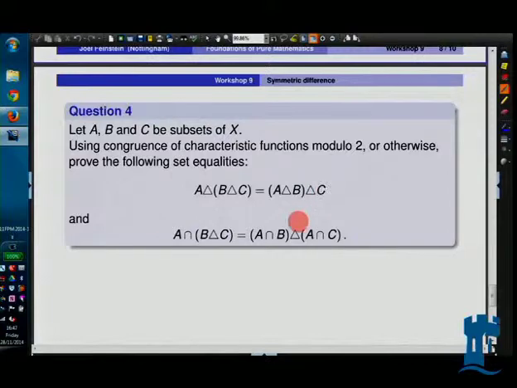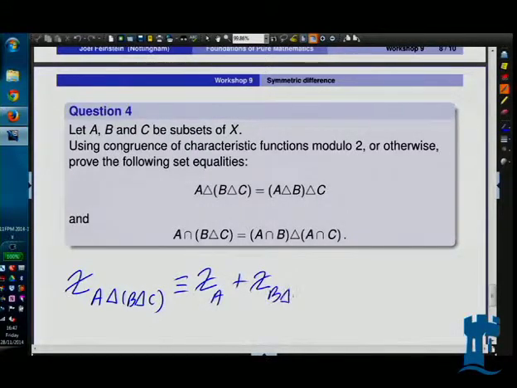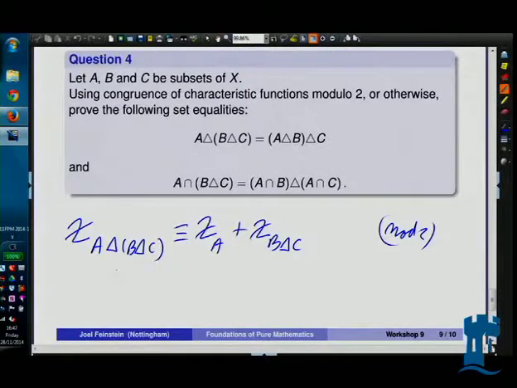But if you do it with characteristic functions, it really drops out very nicely, because the characteristic function of A triangle B triangle C is congruent to the characteristic function of A plus the characteristic function of B triangle C mod 2, which is congruent to the characteristic function of A plus the characteristic function of B plus the characteristic function of C mod 2.